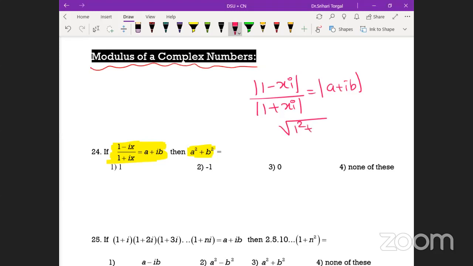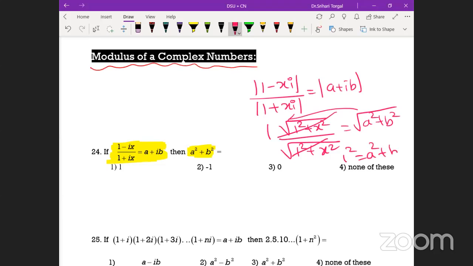Root of 1 square plus x square, root of a square plus b square. These two are cancelled. If you square this, it will become 1 square. A square plus b square is equal to what? Option 1 is the right answer. Got it?